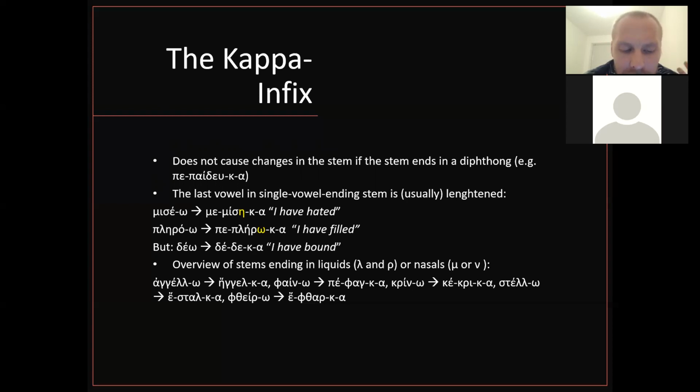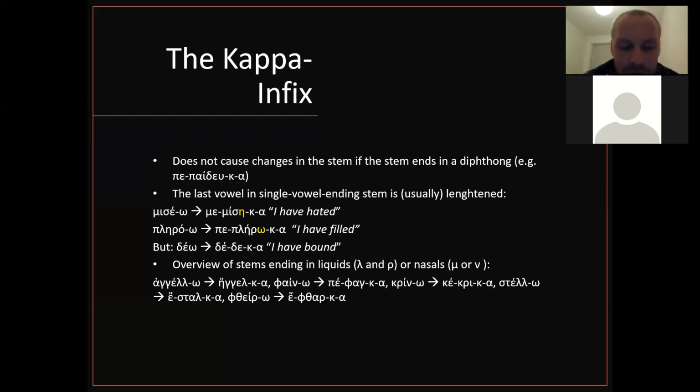Usually, however, there are no such changes if the root of the verb ends in a diphthong, as in paideuo, where the root remains the same in the active perfect, epaideuka.